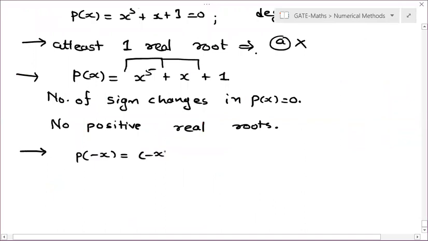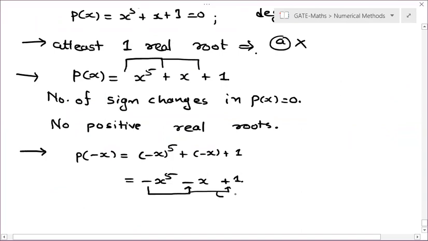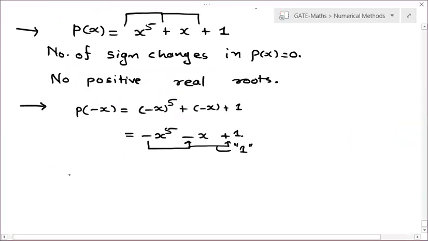So this is minus x to the power 5 plus minus x plus 1, which is minus x to the power 5 minus x plus 1, because an odd power of minus 1 gives minus 1 only. From minus to minus, no sign change. From minus to plus, one sign change. So the number of negative real roots is less than or equal to 1, because the maximum is 1.